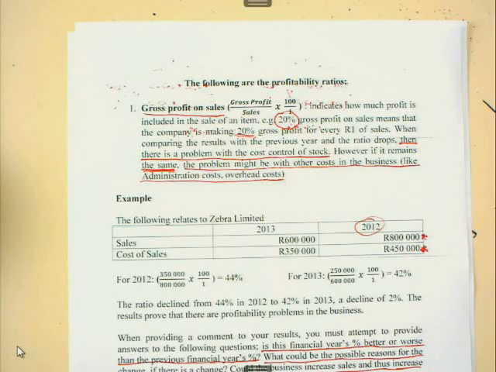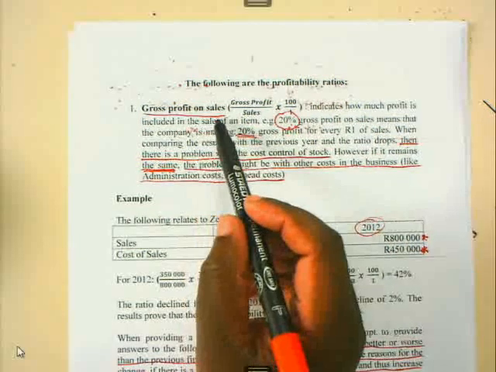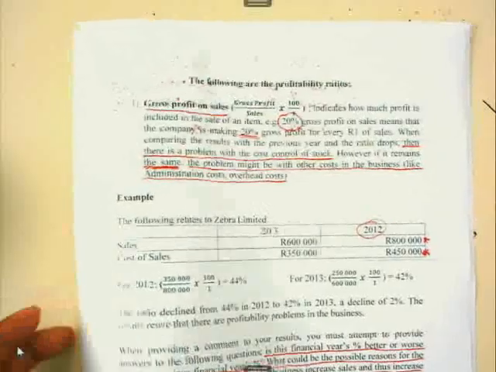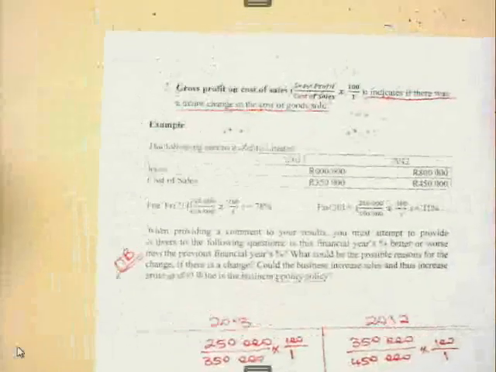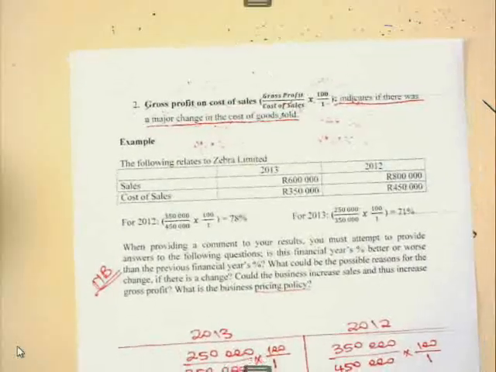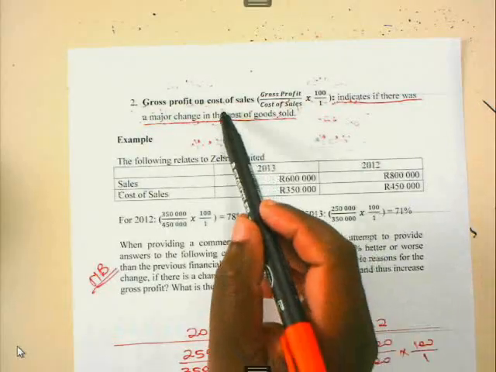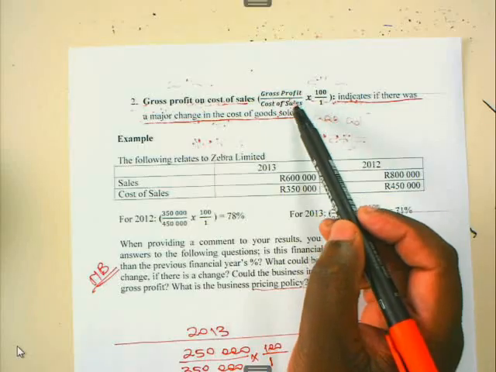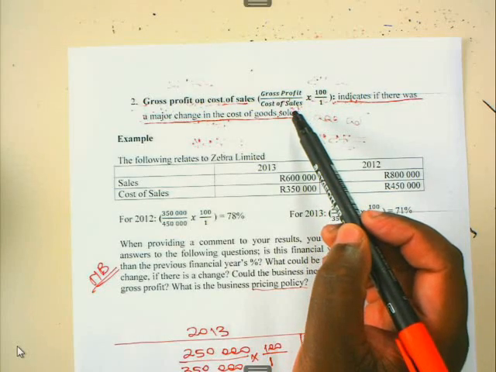Therefore, the question will have to be clear to indicate that you are going to take gross profit and divide it by sales. Then the second profitability ratio that we dealt with was very clear, that calculate the gross profit on the cost of sales. Then we took gross profit and divided it by the cost of sales.